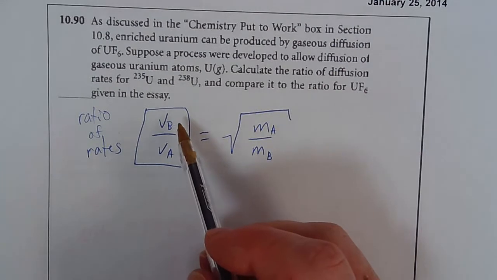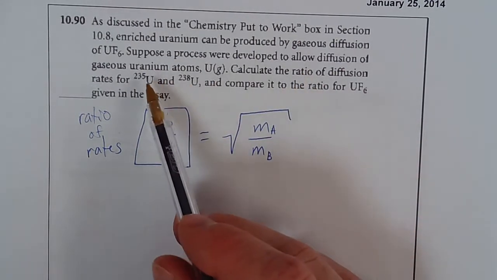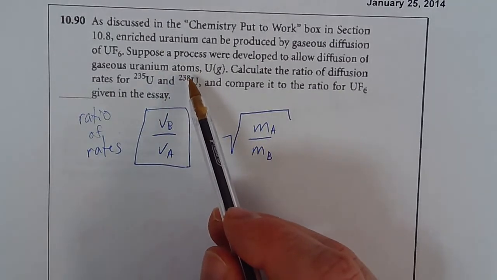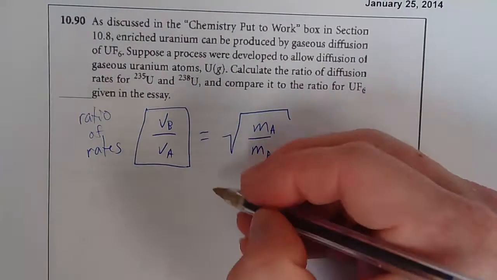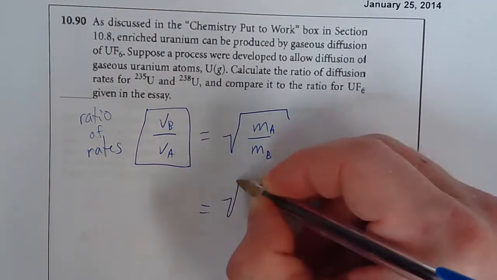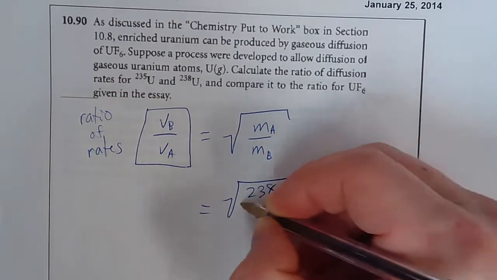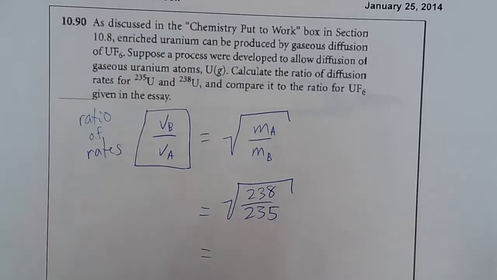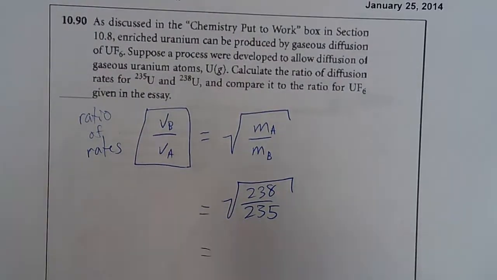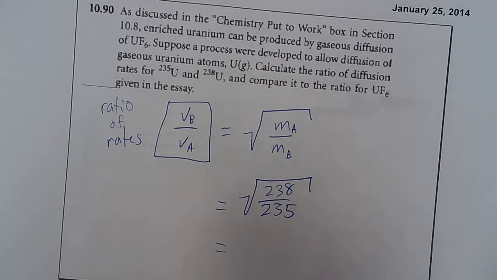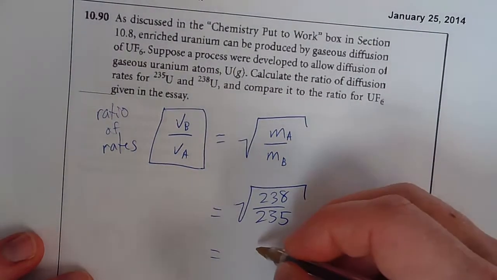Okay, so I want to know the ratio of 235. I think they're saying 235 over 238. So when I do the square root of the things over here, I'm going to do 238 over 235. And when I do that, not going to be a whole lot of difference there. 238 over 235. Okay, 1.00.